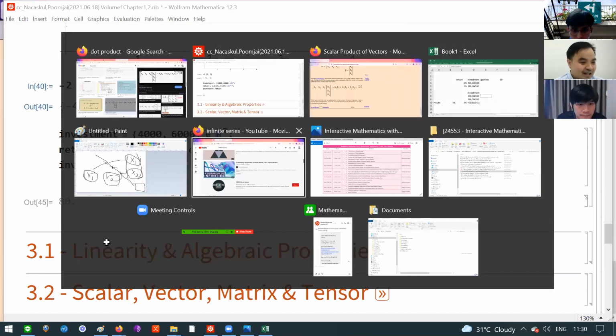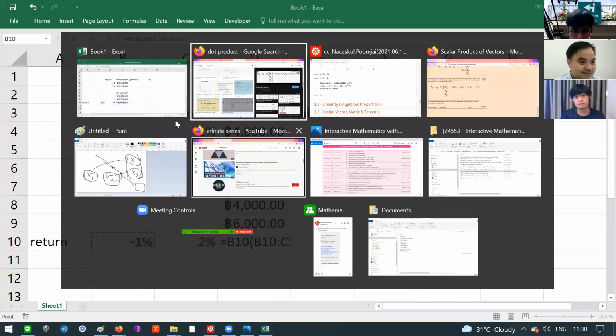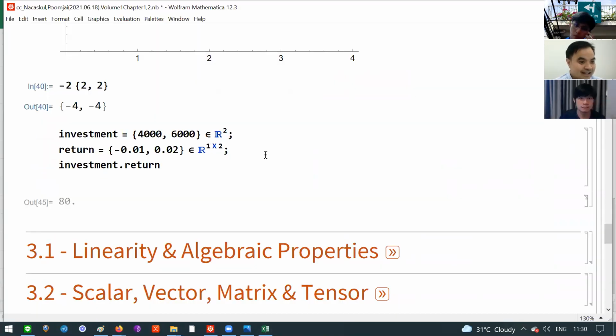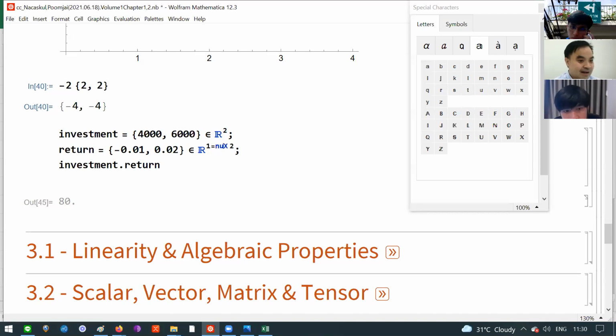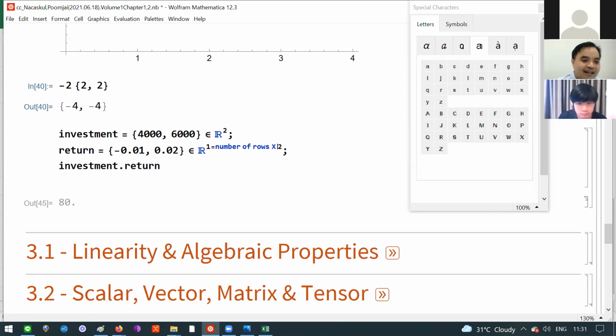It's saying that 1 and 2 is the what? 1 is equal to the number of rows. Sorry, 1 by 2: 1 is the number of rows, and 2 is equal to the number of columns.